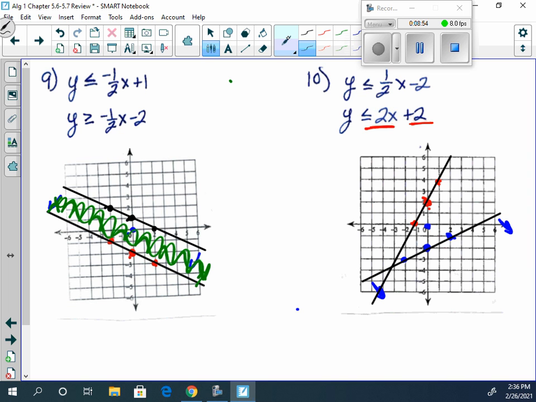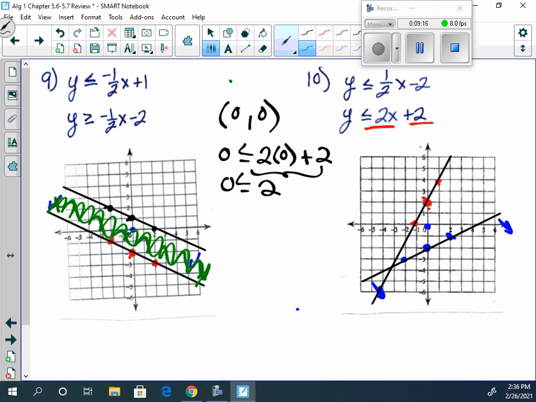All right, we need to check a point. 0, 0. 0 is less than or equal to 2 times 0 plus 2. Well, what's going to happen on this side here? What are we going to get? Just 2, yes? Is 0 less than or equal to 2? So we're going to shade towards the point 0, 0.